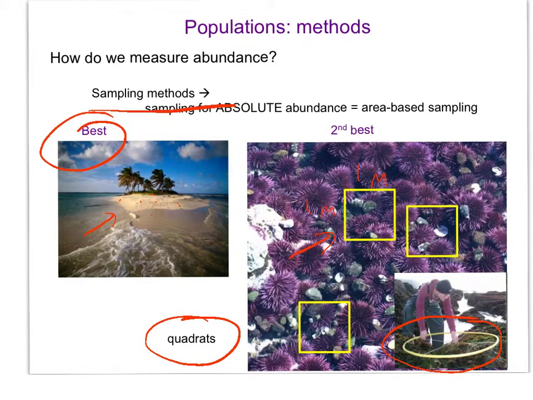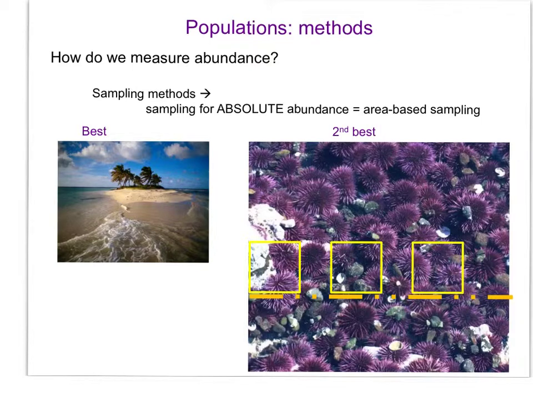But usually, because it's impossible to count the total number of individuals in the area, we use a sampling method. We talked about sampling when we were talking about the arthropod lab. We couldn't count the total number of arthropods in the forest versus the field, and so we did sampling by taking sweep samples. And the quadrat method is just another way of sampling.